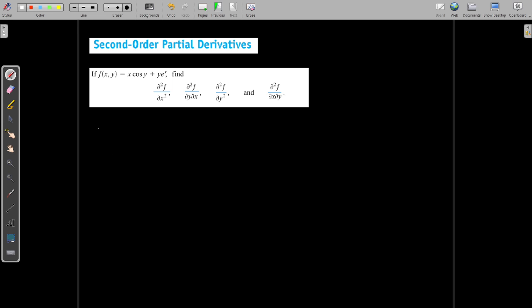In order to evaluate the second order partial derivatives, we need to first evaluate the first order partial derivatives. First one is df by dx, and after that we can evaluate d squared f by dx squared.